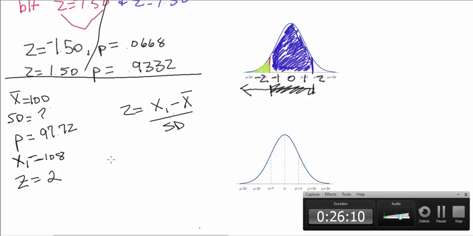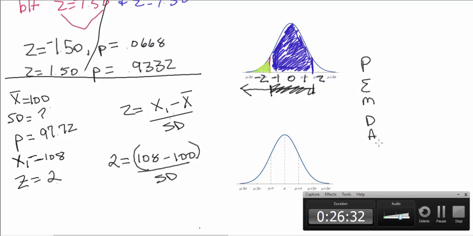So we know our z-score, 2, equals our raw score, 108, minus our mean of 100, and then divided by the standard deviation. Here we have to invoke order of operations. Please excuse my dear Aunt Sally. If you're a little rusty on this, I linked some extra lectures for you there.